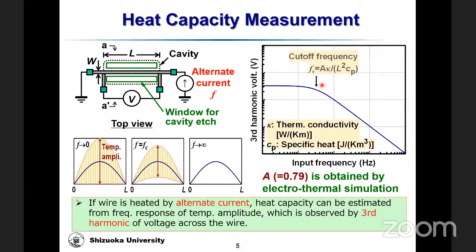So by measuring the cutoff frequency, we can detect the specific heat or thermal capacitance. And actually, this parameter, specific heat or thermal capacitance, is also a physical or chemical phenomenon that can be detected by ordinary thermal analysis, like differential thermal analysis.